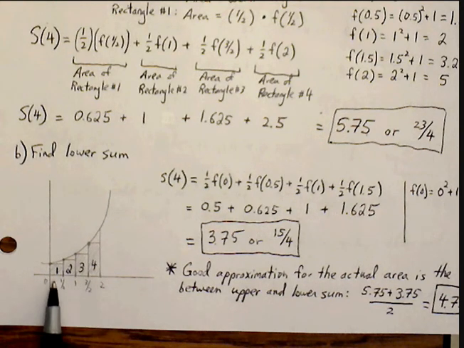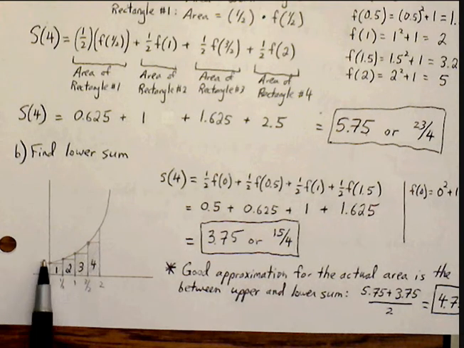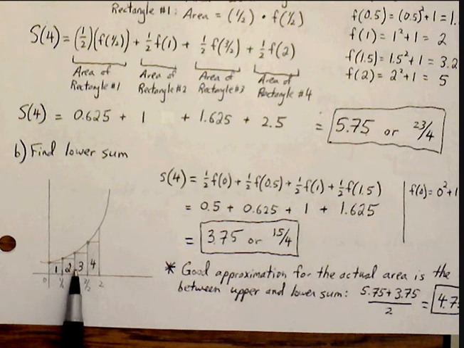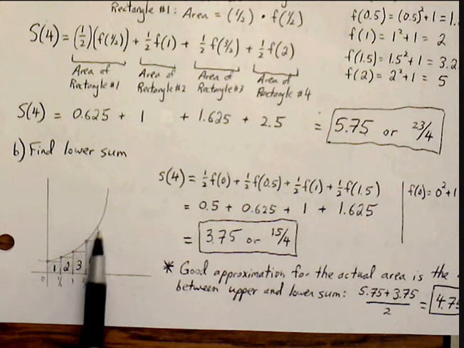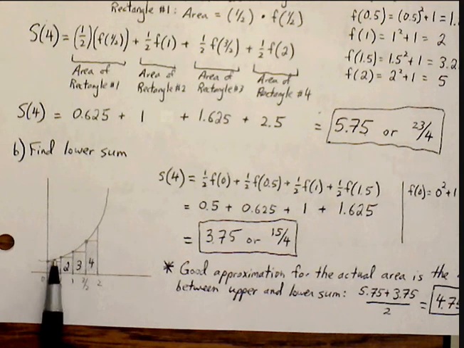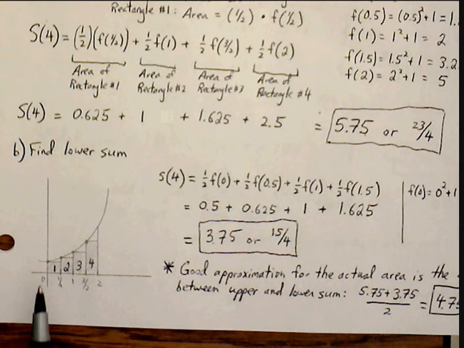Okay, so in this case, the graph is increasing, and now it's going to be the upper left endpoint of each rectangle that will cause the gaps to show up beneath the curve. And we purposely want the gaps to show up beneath the curve because we're looking for an underestimation. We're trying to find the lower sum.